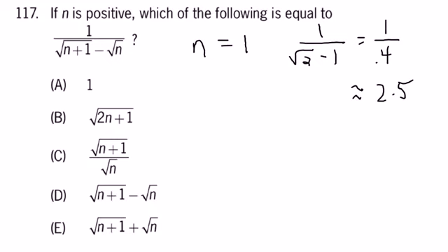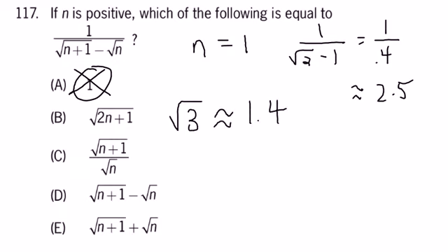Now let's just look at what all these answers are. 1 is obviously not close to 2.5. Square root of 2n plus 1 would be the square root of 3, which again, it's useful to know is about 1.7. Square root of 2 divided by 1 is about 1.4.